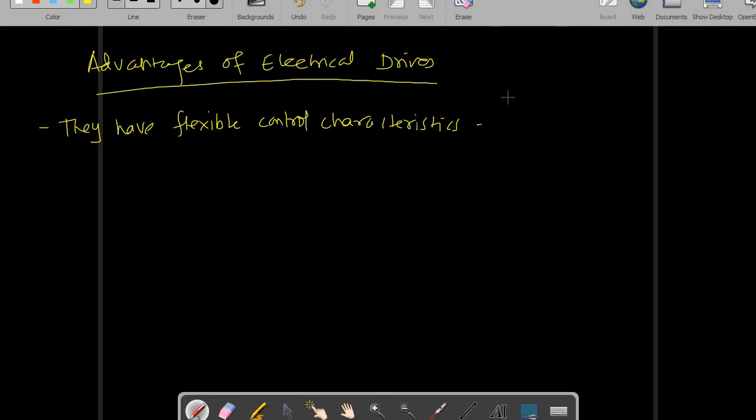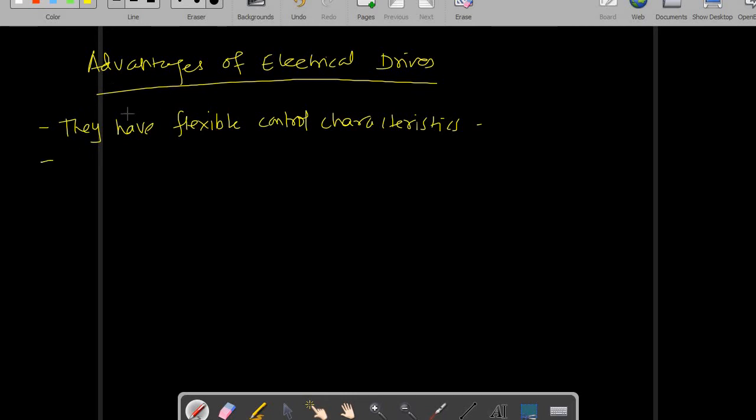Drives can be provided with automatic fault detection systems, and programmable logic like PLC and computers can be employed to automatically control the drive operation in the desired sequence. That's why we say they have flexible control characteristics. The meaning is that speed can be varied in wide ranges.